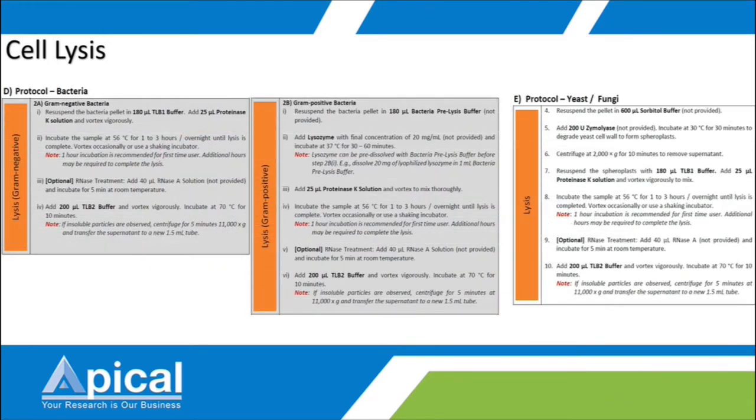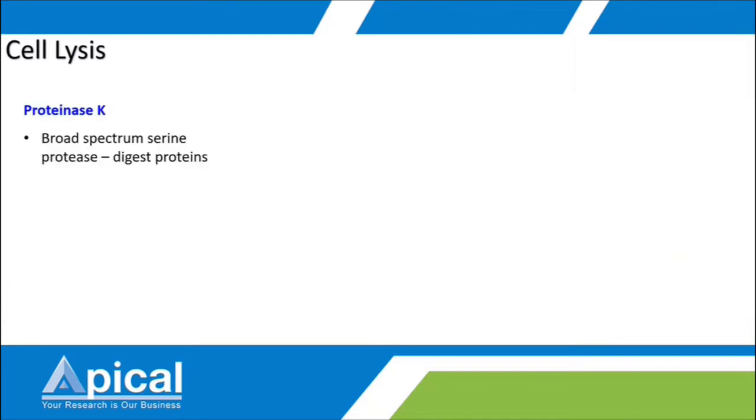you will find that proteinase K is always required in all the commercial kits. It's not only in Primeway, but in all of the commercial kits, because this enzyme is very important in DNA extraction. It is a broad spectrum serine protease. So proteinase K helps to digest protein in the cell lysate so that the DNA extracted does not have protein contamination.